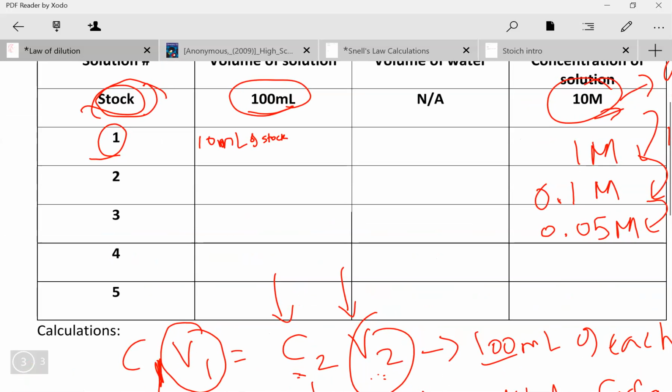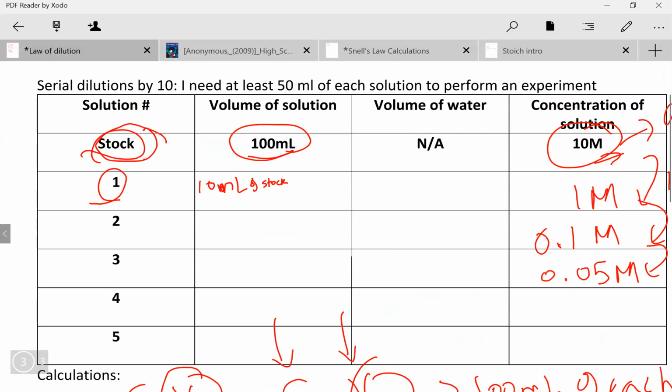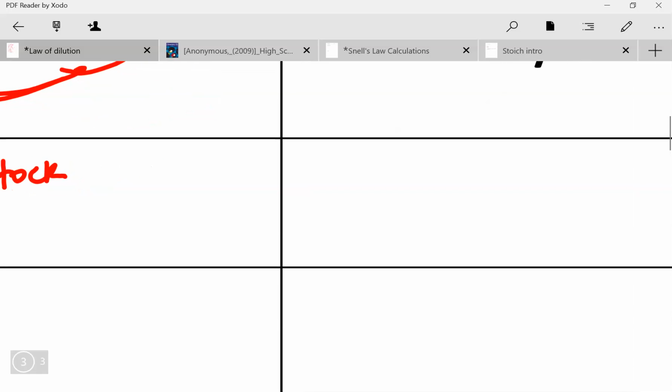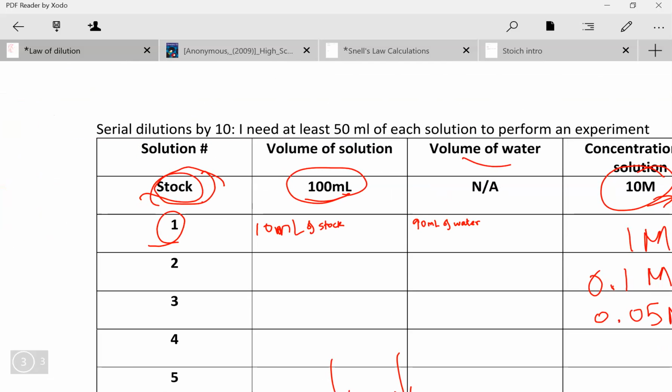So I have only 10 milliliters, so I have to get to 100 milliliters using something else. And that something else is, of course, water, which is our solvent of choice. So I need to add 90 milliliters of water just to get my total volume up to 100 milliliters, right?